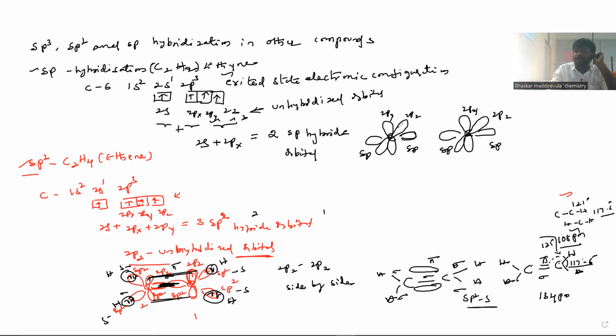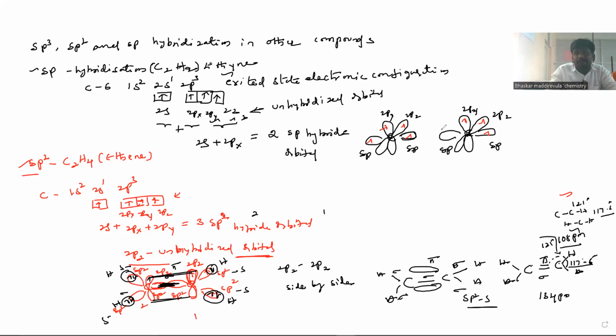Every orbital has one half-filled electron in it.